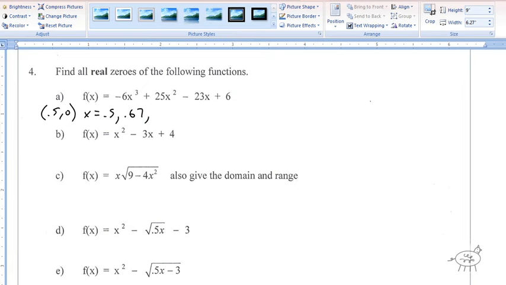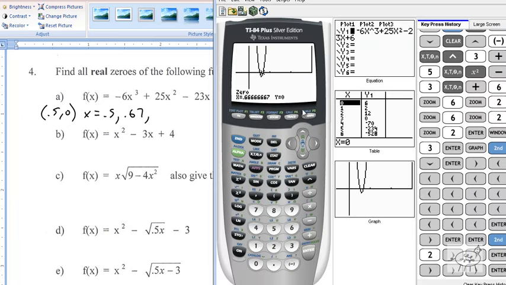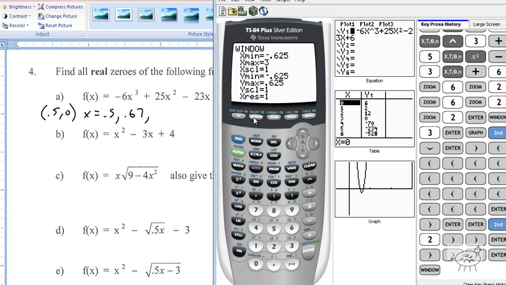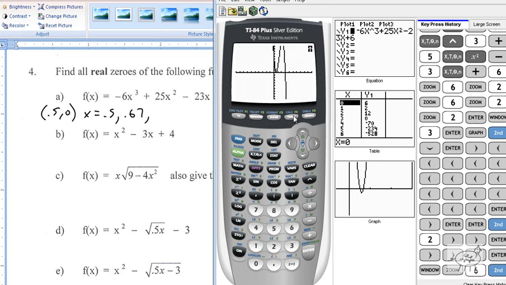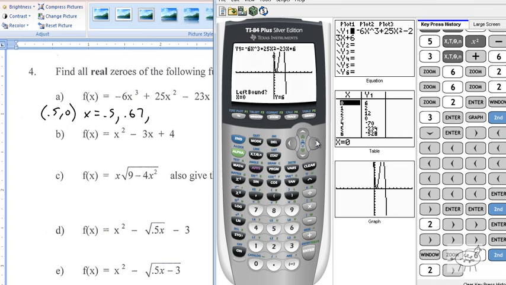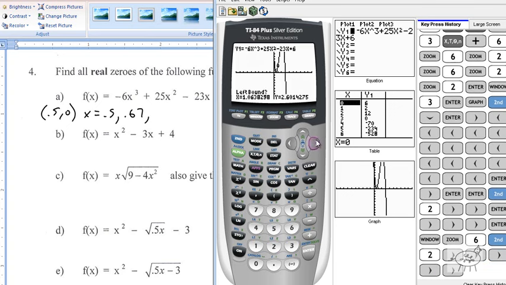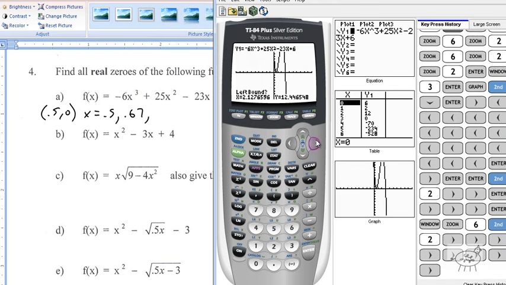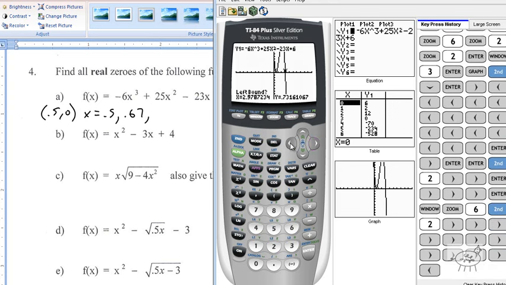We have to just zoom in differently here. In fact, let's zoom again. Zoom 6. And let's find this other one here. This one that looks like it's around 3, but it might even be 3. So second, calculate 2. So let's do this guy here.